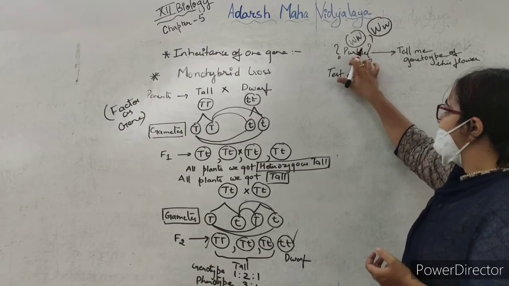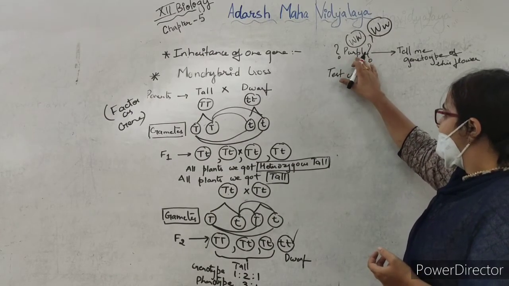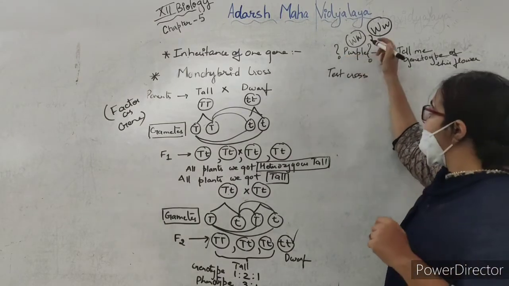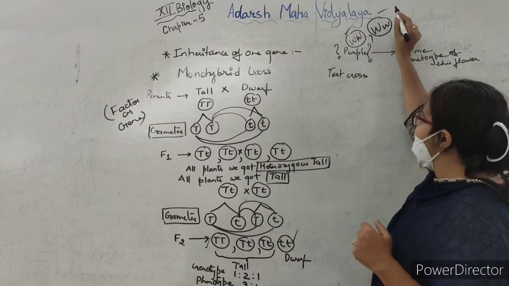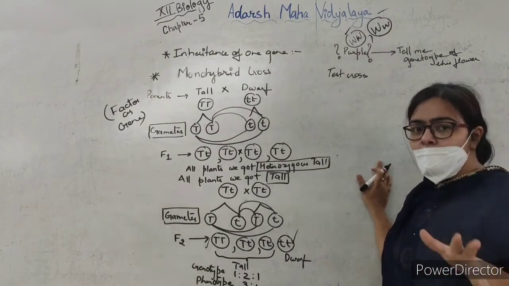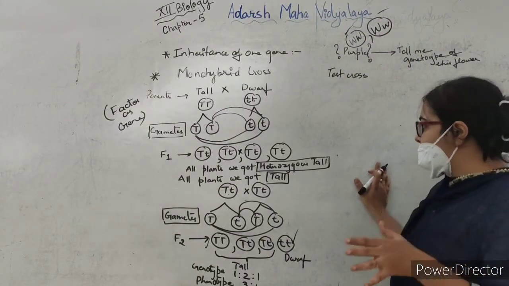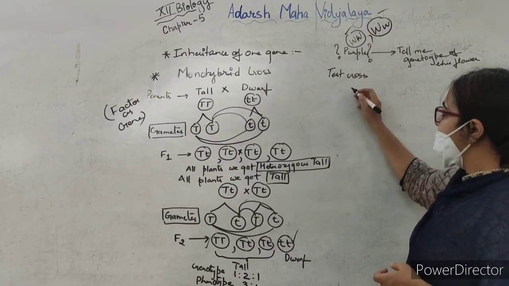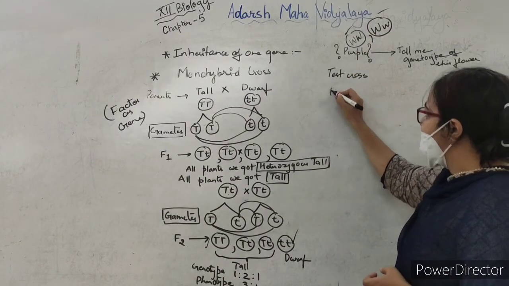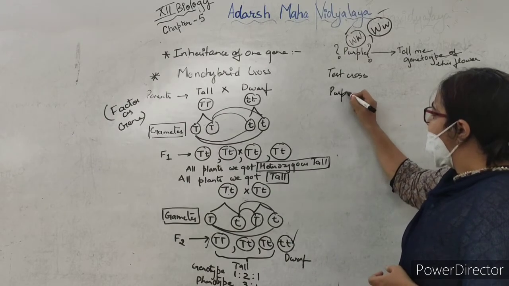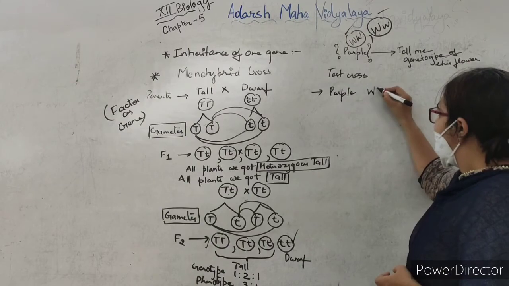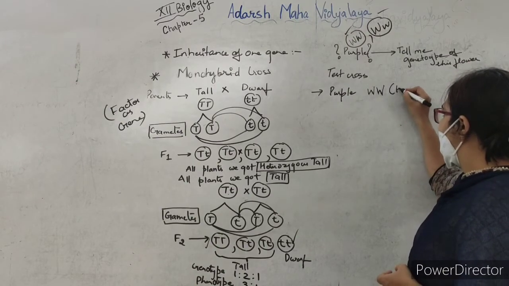So we'll do the crossing with this purple flower and the genotype of this is not known. This can be either this or this can be either this. So we have to find what will be the genotype of the unknown flower. So we'll do a test cross. Now suppose this purple flower which was given to you was homozygous purple.